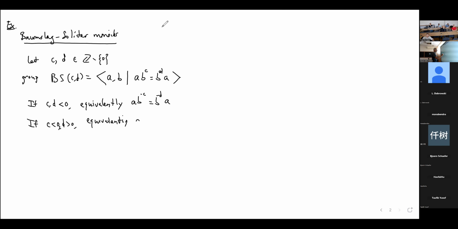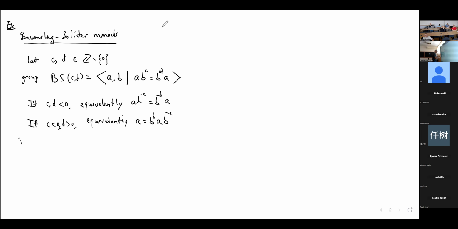We would have A equals B to the D A B to the minus C. The point is that we can always rewrite this relation using only positive exponents. And that means that the group has a positive presentation, and therefore there's a natural monoid we can find by using the same presentation.